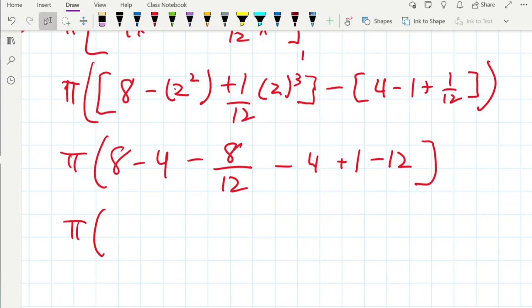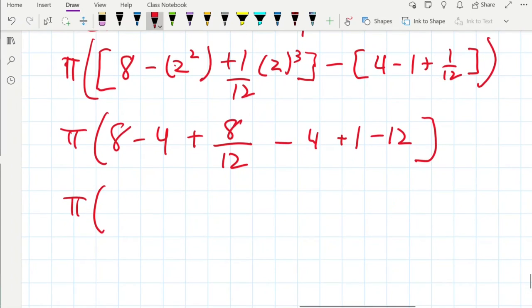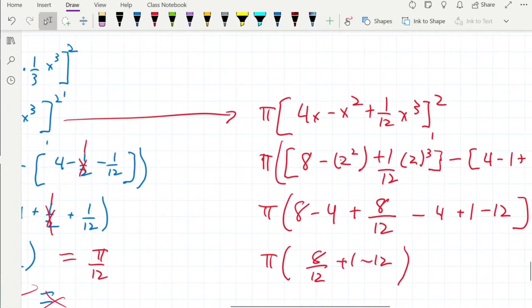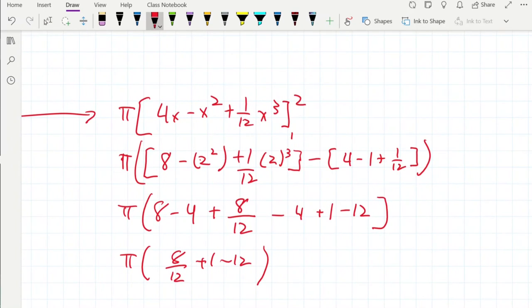All right, let's see if that fixed things. Because that means this is instead positive. That is negative. All right, so 8 over 12 plus 1 minus 12. I still think that is a little high. I think I may have done something else wrong. 4x minus x squared plus 1 over 12 times x to the third power from 1 to 2. 8 minus 4 plus 8 over 12 minus 4 minus 1 plus 1 over 12.